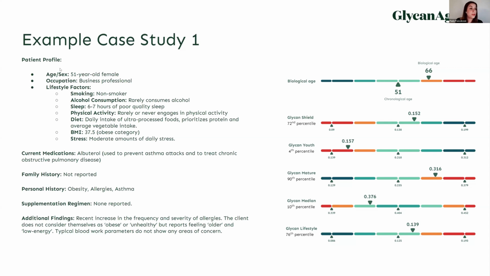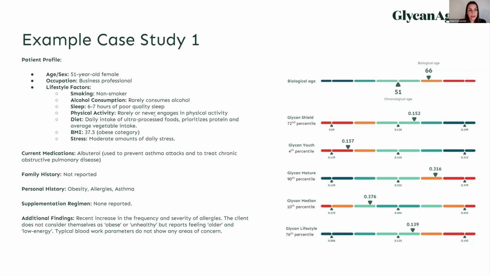Let's talk about the patient profile. This is a 51-year-old female, a business professional, not a smoker, who rarely consumes alcohol and gets 6 to 7 hours of poor quality sleep. Right away we can start to connect patterns, for example with an elevated glycan lifestyle perhaps.